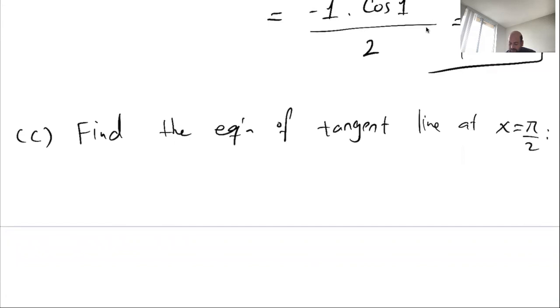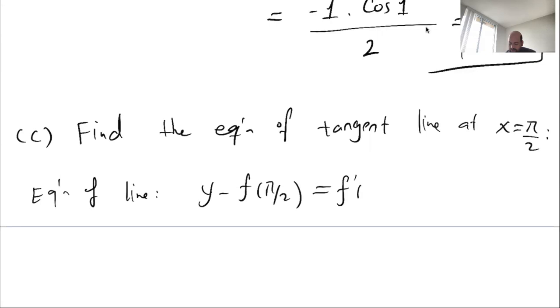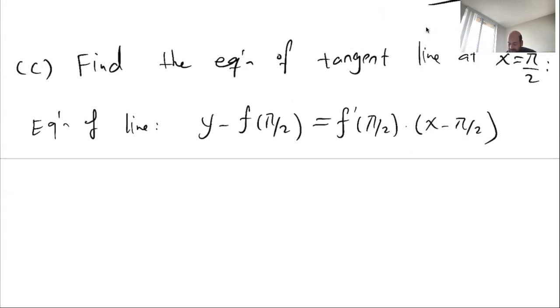We know that the equation of the line will be y minus f of pi half equals f prime of pi half times x minus pi half. At x equals pi half means y minus y naught equals m times x minus x naught. M, the slope, is of course f derivative at pi half, x naught is pi half, and y naught is f of pi half.